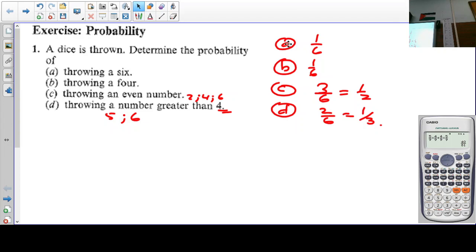Any confusion here? Yes, Michael? So we have to simplify it. All the time. Always simplify. Otherwise, you don't get all your marks if you just leave it. Okay? So let's go to the next question.